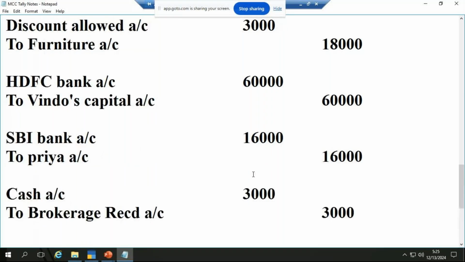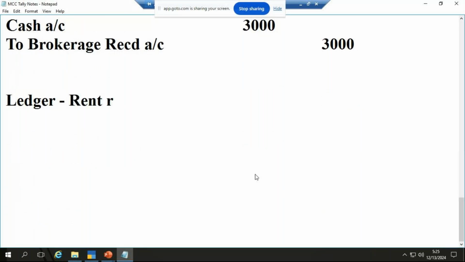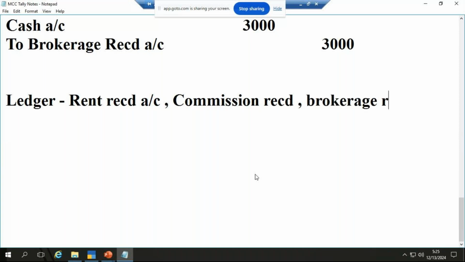First one, rent received, second one is commission received, and brokerage received. All these ledgers come under indirect income.